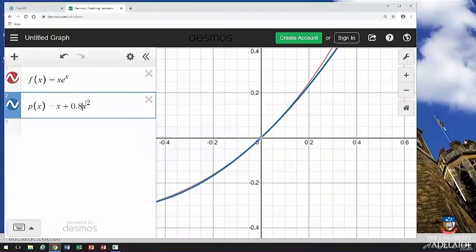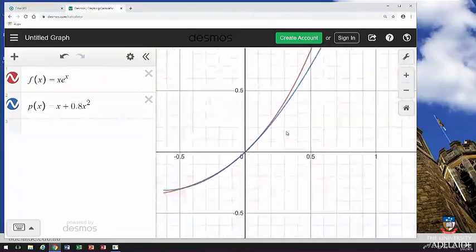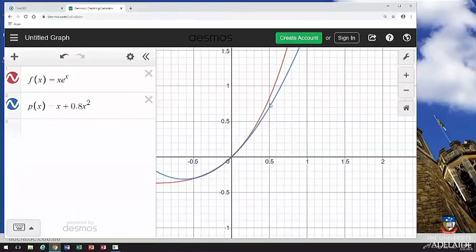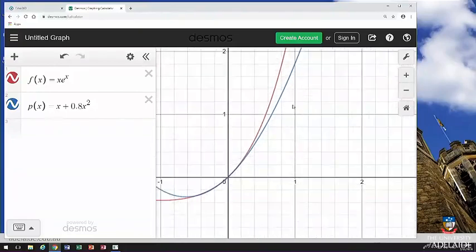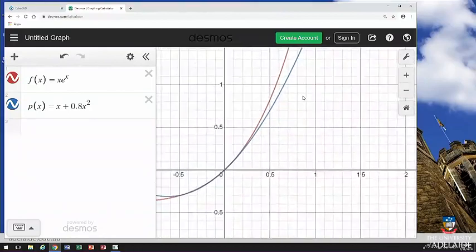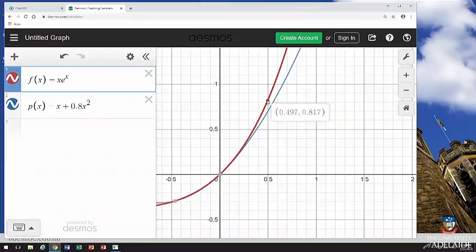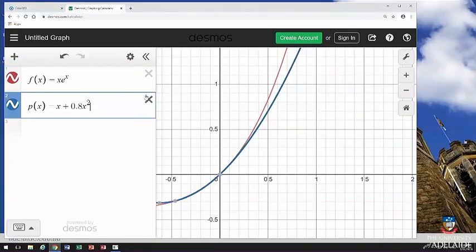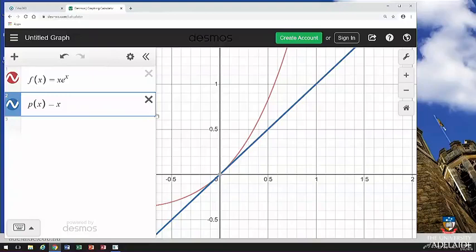Okay. And it may be that I'm not actually interested in it being the right answer when x is 0. Maybe I'm interested in it being the right answer when x is, say, 1. Well, that's pretty high up. Or maybe a half. Let's go a half. And for that, I'd have to choose something else entirely, because this one is not very good when x is equal to a half.